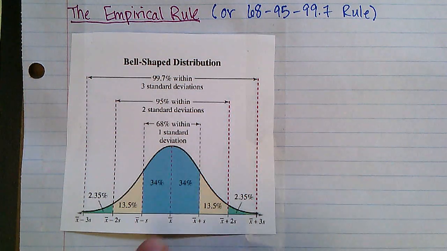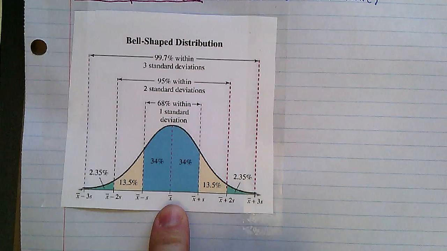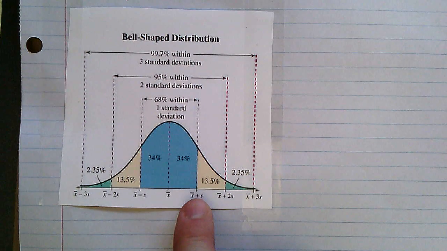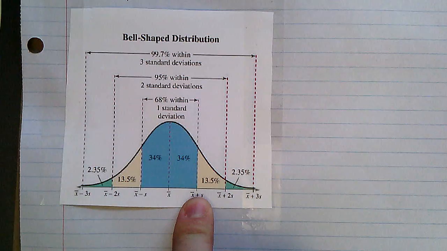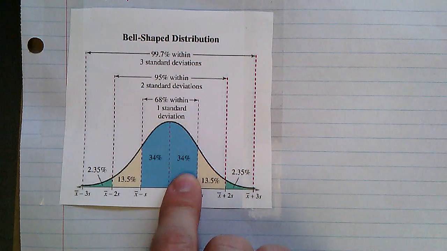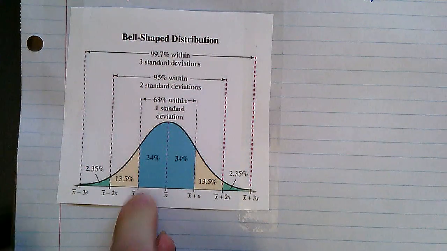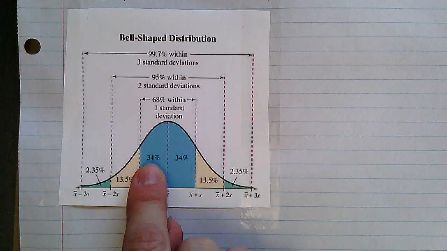Within this distribution, if you are at the mean and you move 1 standard deviation above the mean, then 34% of the data will be in that zone. If you move 1 standard deviation below the mean, then 34% of the data will be in that zone as well.